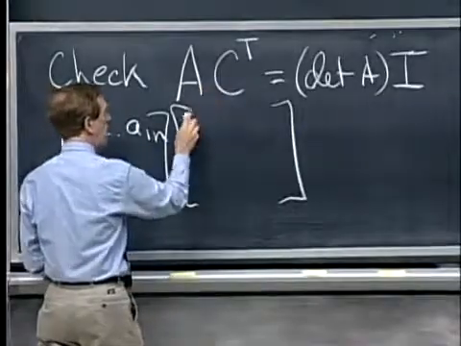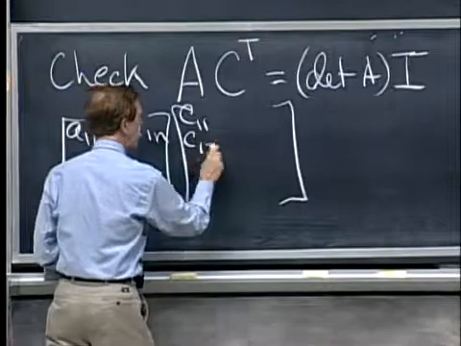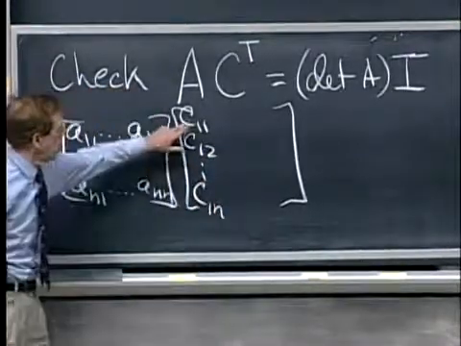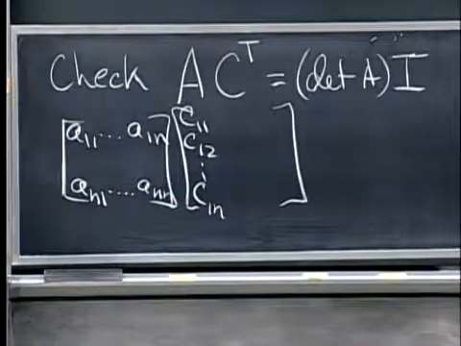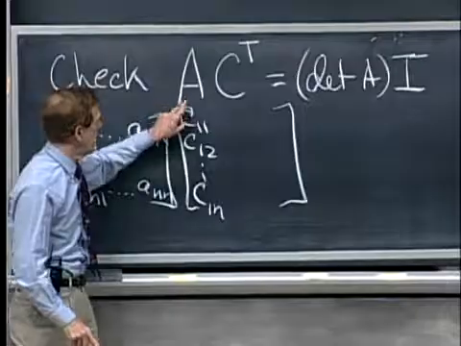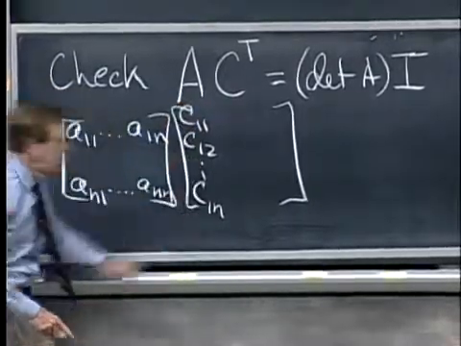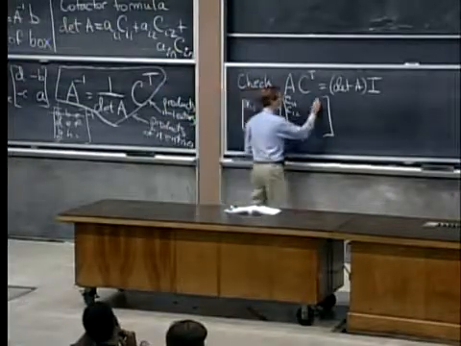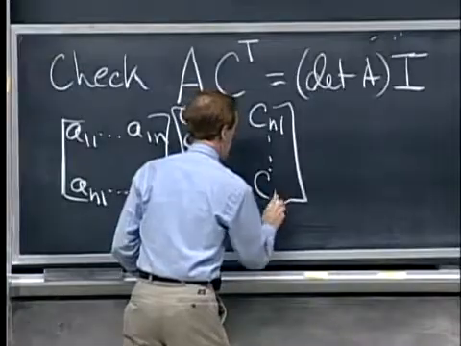So when I transpose, it'll be C11, C12, down to C1n. Notice, usually, that 1 coming first would mean I'm in row 1. But I've transposed, so those are the cofactors. This first column are the cofactors from row 1. And then the last column would be the cofactors from row n.